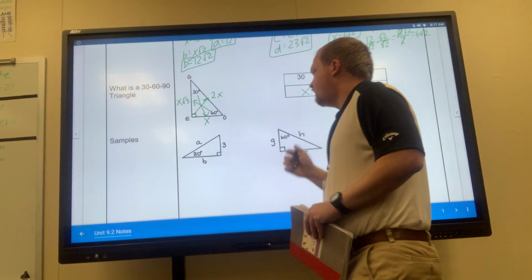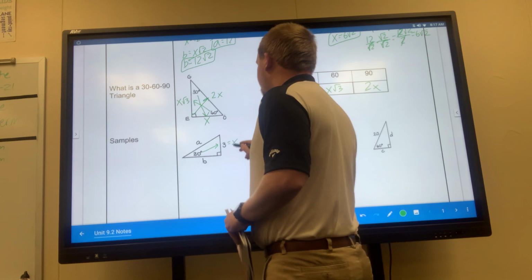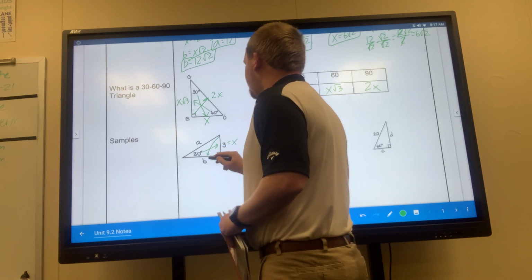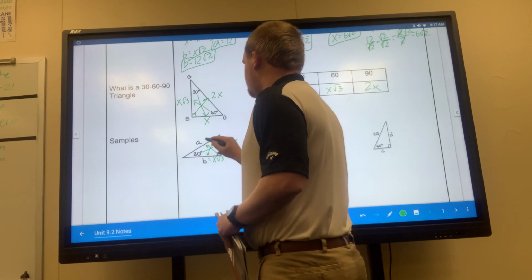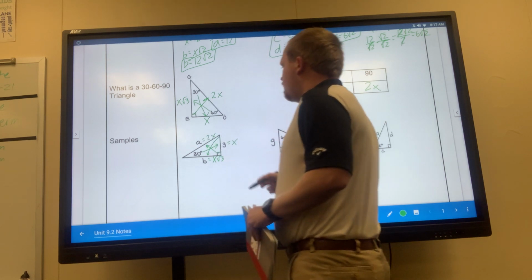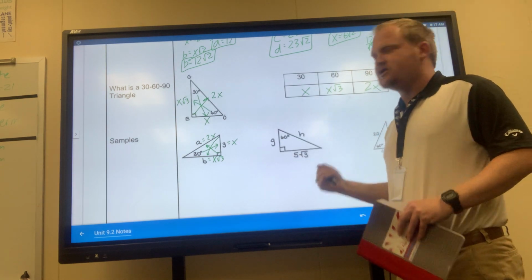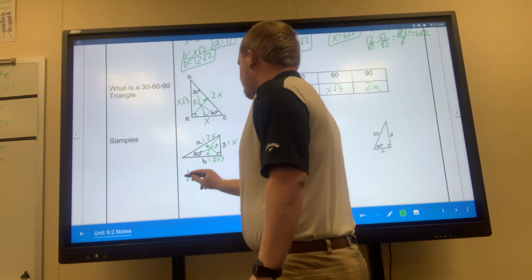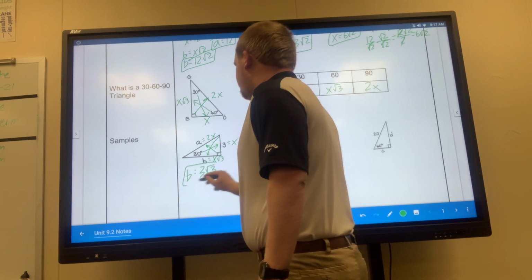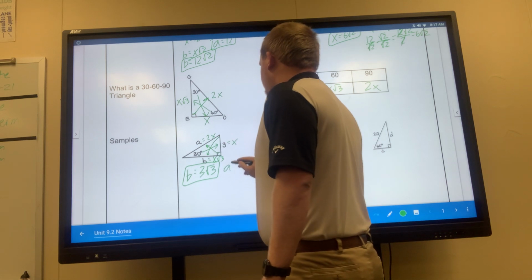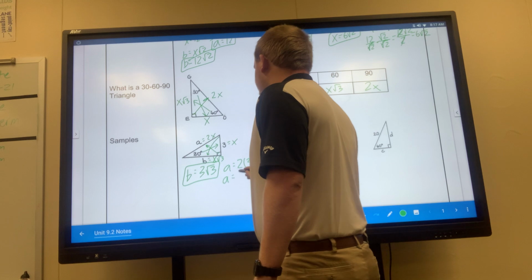So if opposite 30 is equal to x, that means b is equal to x square root of 3, and a is equal to 2x. Since x is 3, all I have to do is plug the values in. For b, I'm doing 3 square root of 3, and that's it. For a equals 2x, I do 2 times 3, which gives me 6.